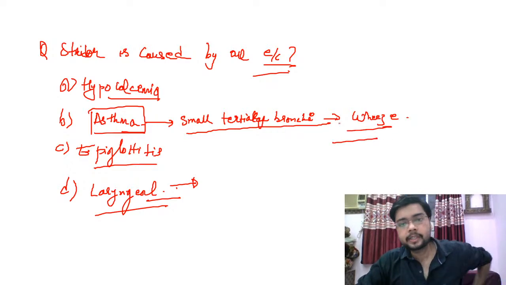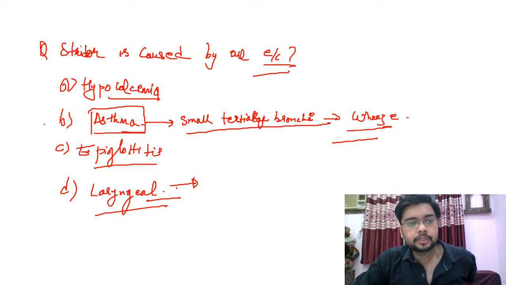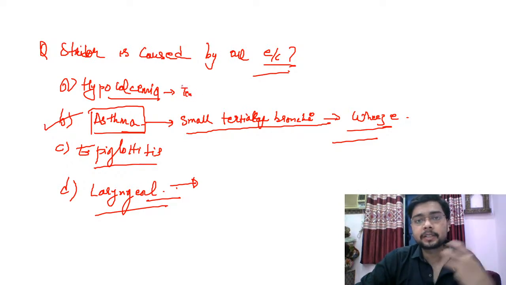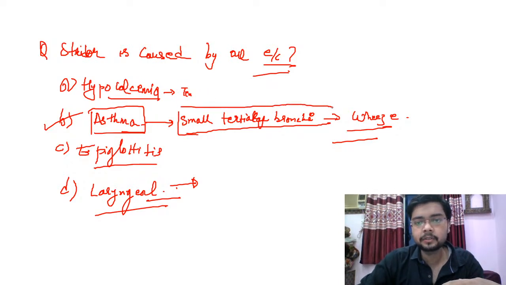So mostly the answer of exclusion here will be asthma. Hypocalcemia might cause tetany, so contraction of these muscles might cause decreased lumen in the larynx and cause stridor. But in asthma, you definitely know that there is obstruction or contraction at the level of small tertiary bronchi, and thus wheeze will be produced, not stridor.